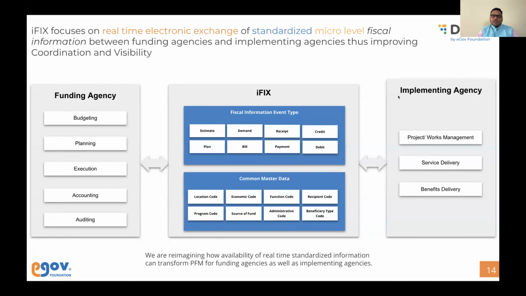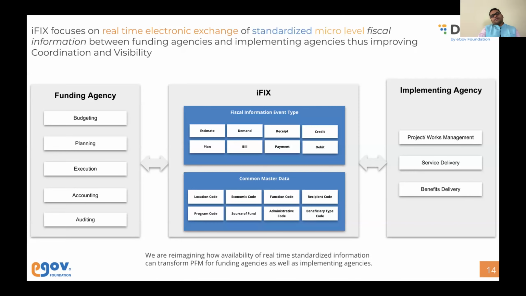So depending on whether there's a health department, an education department, or a public works department, whoever alters the master data through fiscal events, it will be available for all the actors who have authorization to access it. So this is, in a nutshell, how we are reimagining real-time data availability so that the PFM processes can actually flow in a seamless and efficient manner.